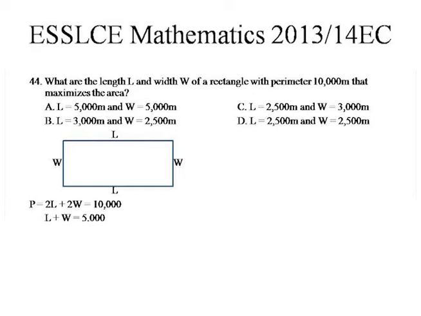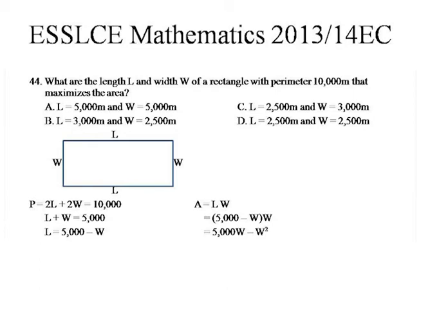For the purpose, let's write L in terms of W as L is equal to 5,000 minus W. We know the area of a rectangle is given by the formula A is equal to length L times width W. Substituting 5,000 minus W in place of L, we will find 5,000 minus W times W. Thus area is equal to 5,000 times W is 5,000 W minus W times W is W squared.